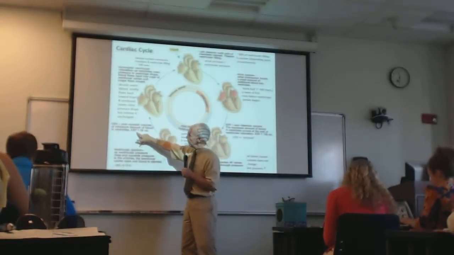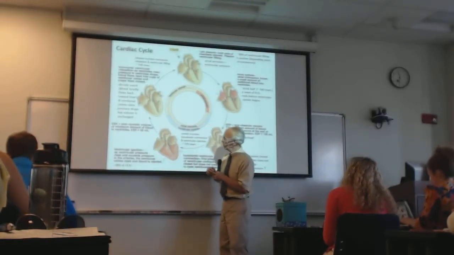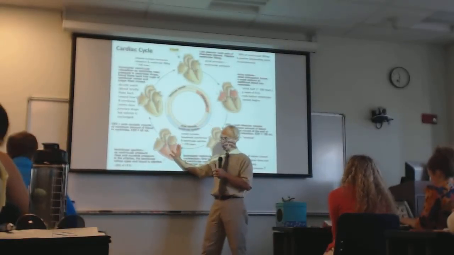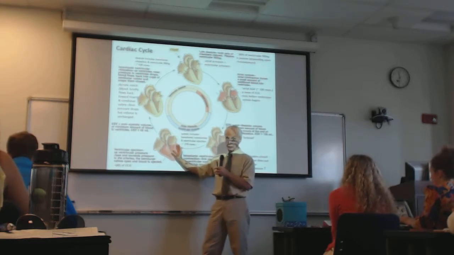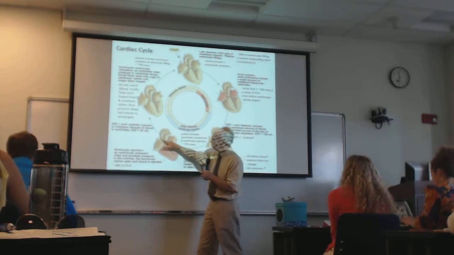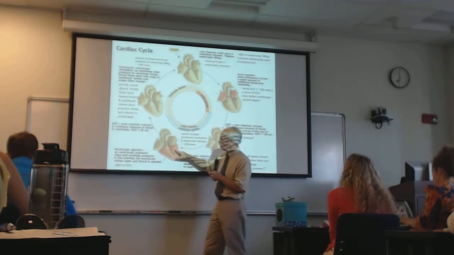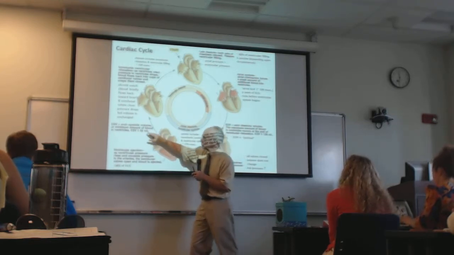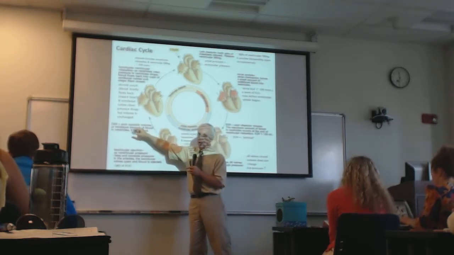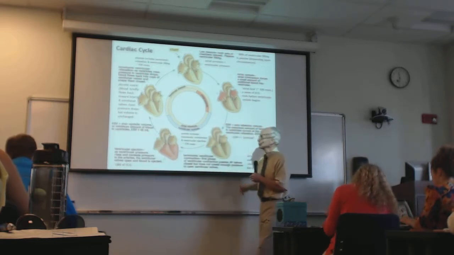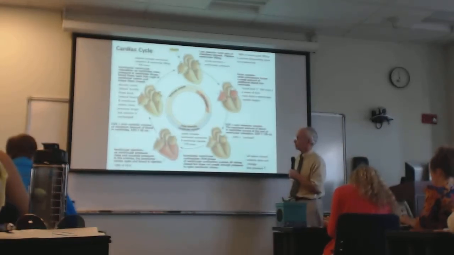And you can see here, at some point, the ventricular contraction is going to be arrested. The flow of blood will stop, and the volume of blood remaining in the ventricle is called the end systolic volume. And we'll say that's around 65 mils.